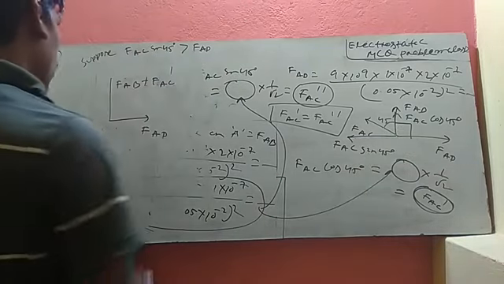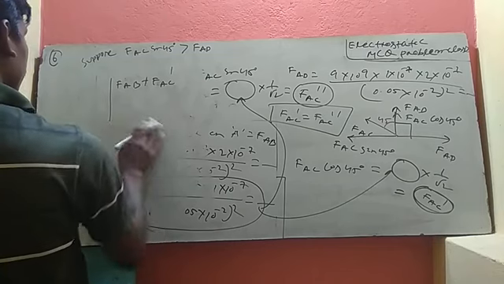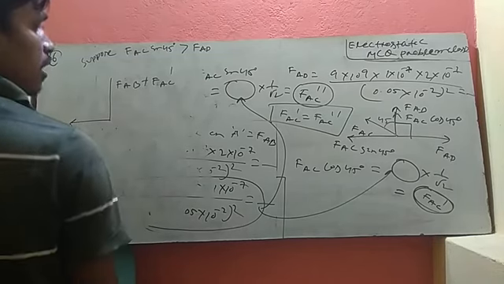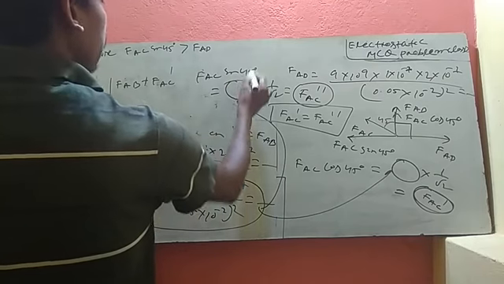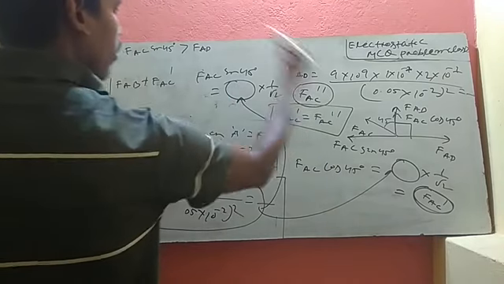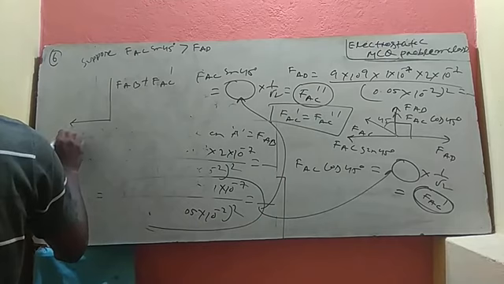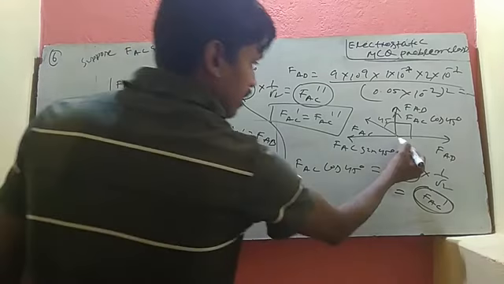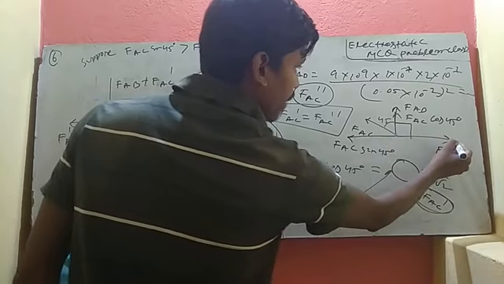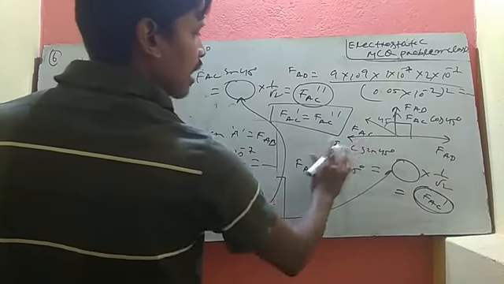So net force: this FAC sin 45 degree is named as FAC double dash. So FAC double dash minus the result of this side FAD, this side FAC.